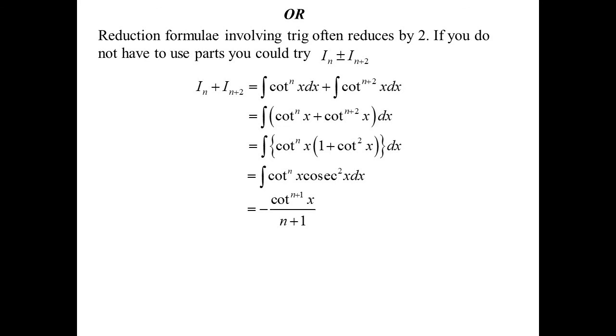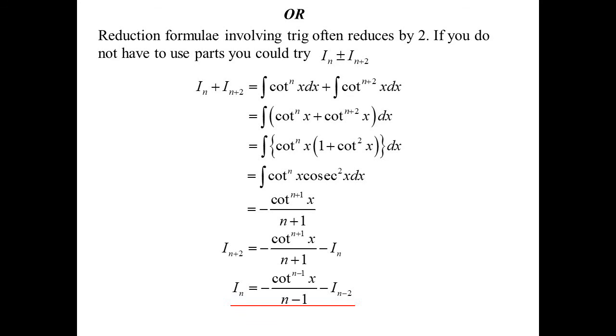Add 1 to the power over the power, and now I just rearrange it, and I get I_{n+2}, because I want the higher one on the left here, would be minus cot^{n+1}x on n plus 1 minus I_n. So if I want a formula for I_n, I'll replace n with n minus 2. And so n plus 2 becomes n, n plus 1 becomes n minus 1, and n becomes n minus 2. There's the formula. It's just another idea.